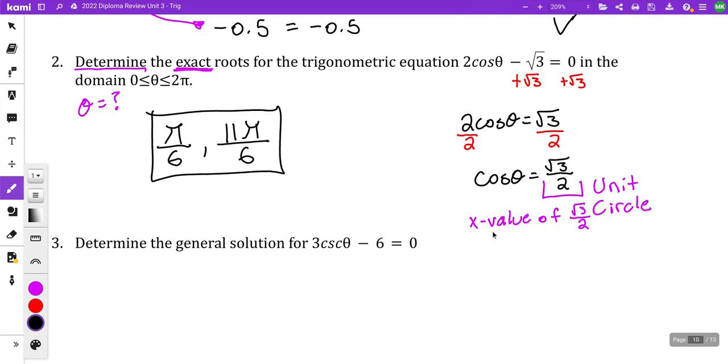Those are both good solutions. The reason they're both good solutions is they told me my solution could be greater than 0 but less than 2 pi, anywhere within 1 spin. Both of these are within 1 spin. Both of these have x values of root 3 over 2. So theta equals pi over 6 or 11 pi over 6.